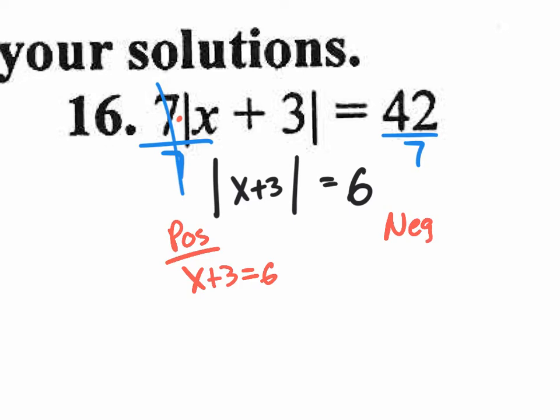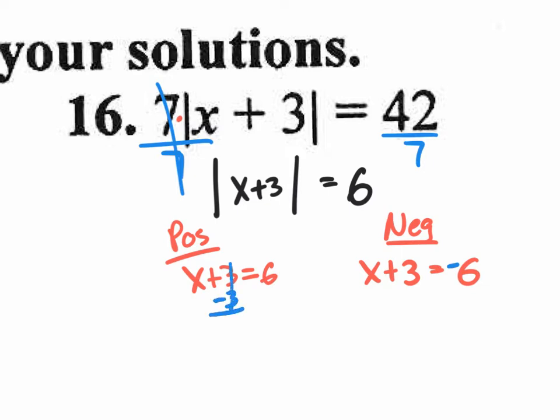The negative situation, it's the same exact thing, x plus 3 equals 6, but what do we do? We change the sign of the right side. So I need to change this 6 to a -6. So that's the positive and the negative situation, all right? Now we're going to solve both. How do we get rid of a plus 3? Well, we're going to get rid of plus 3 by doing a -3.